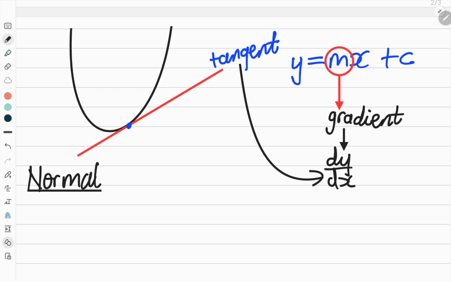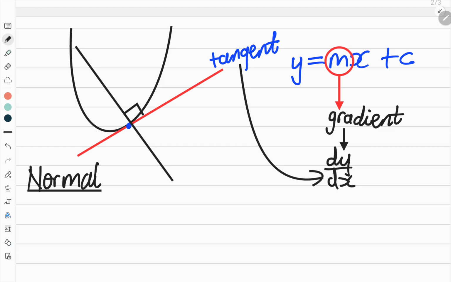So with the normal now, we are saying it's a straight line, right? But it is perpendicular to the tangent.